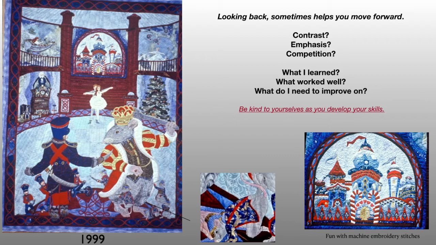They've got little swords and all kinds of little detail. But you really can't see them when you're standing a little bit away from the quilt, because they all just mush into that background because there's not enough contrast.